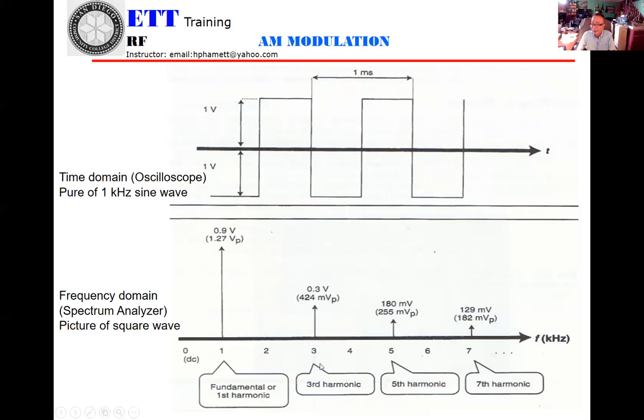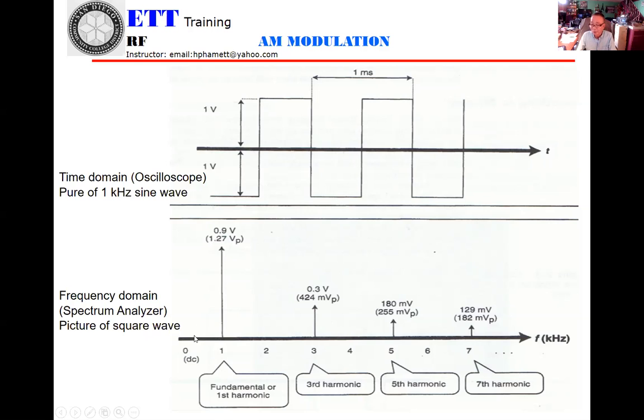That means the frequency domain. One axis is the frequency in kilohertz, and on the other one it would be the time t. So when you're looking at the spectrum analyzer, first you get the sine wave signal for 1 kilohertz at a value of 0.9 volt.